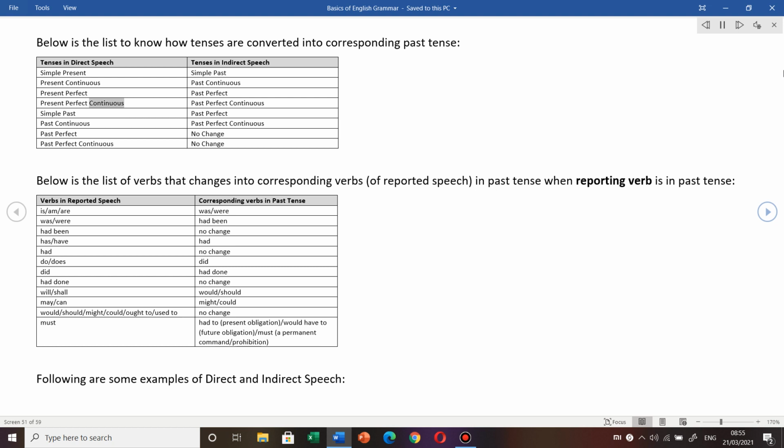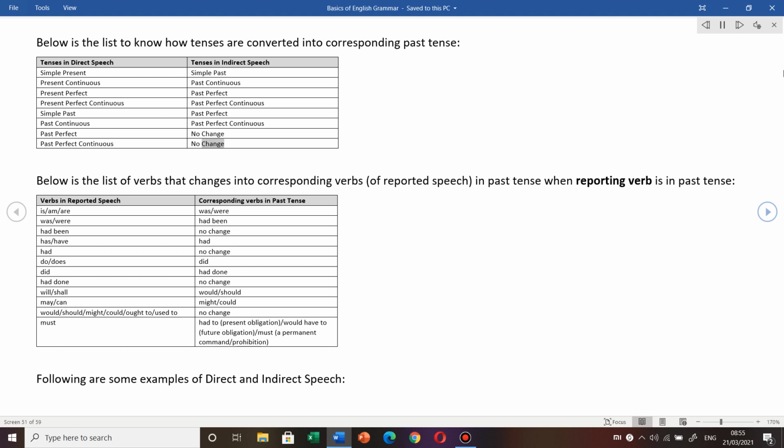Present perfect continuous, past perfect continuous. Simple past, past perfect. Past continuous, past perfect continuous. Past perfect, no change. Past perfect continuous, no change.